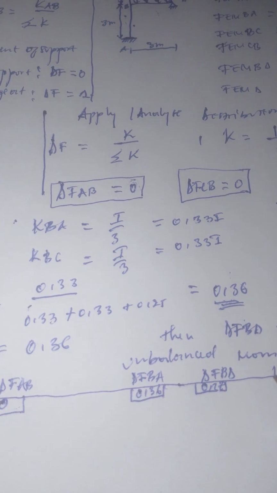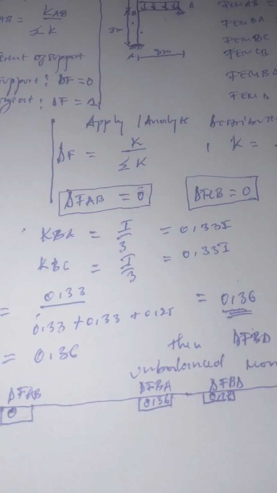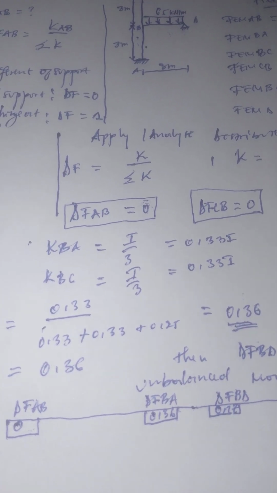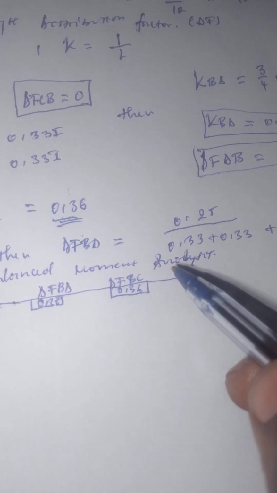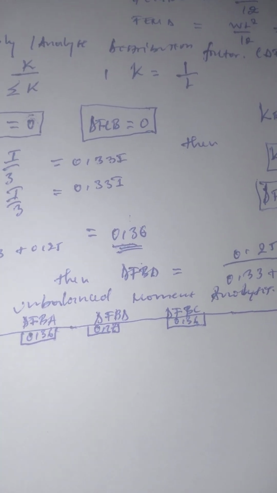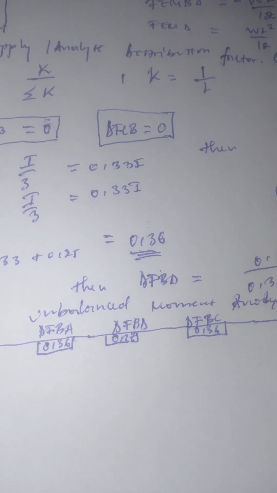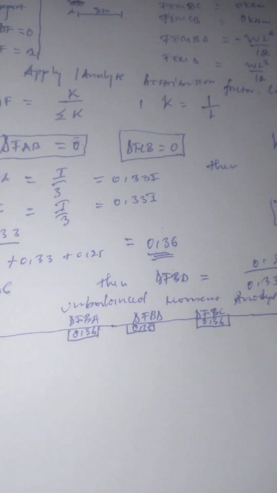Then you have distribution factor BC as 0.36. We have other distribution factors.